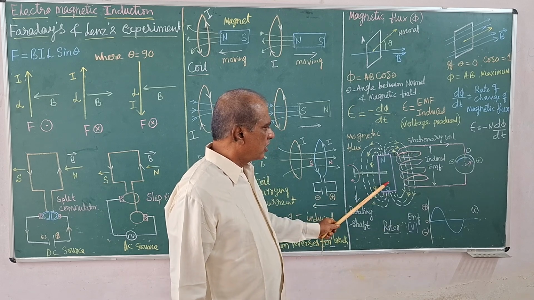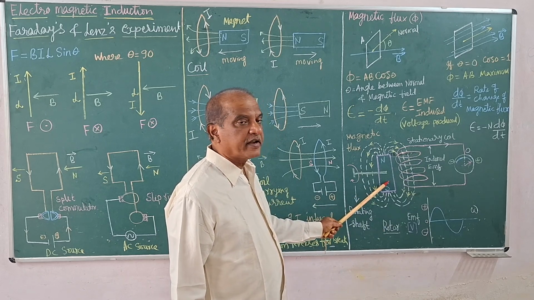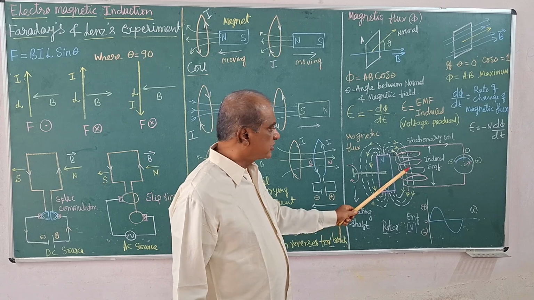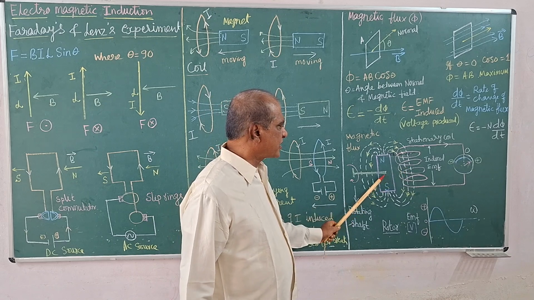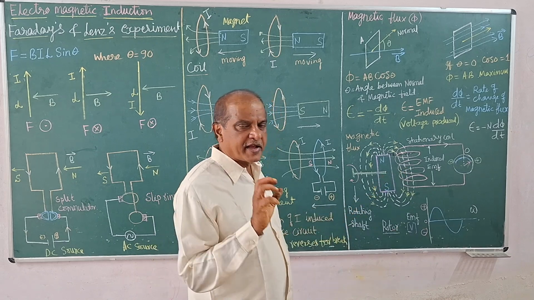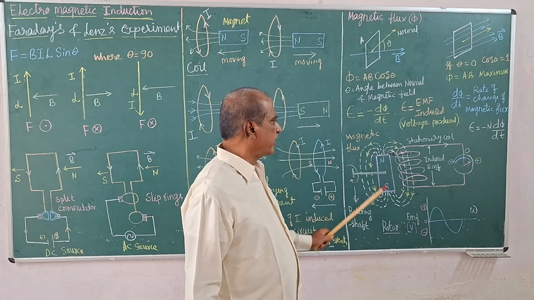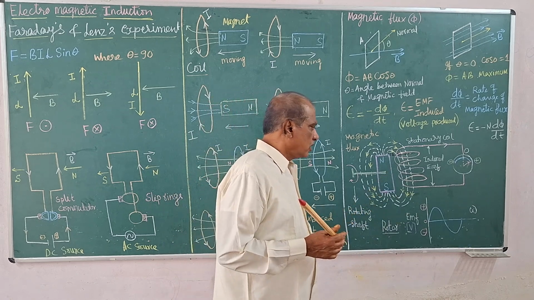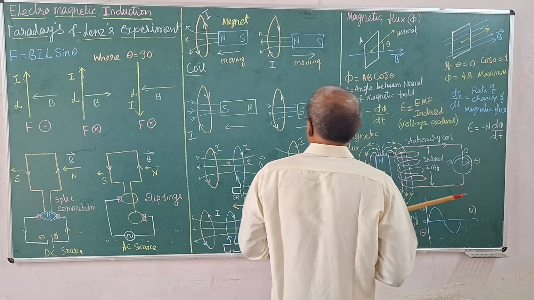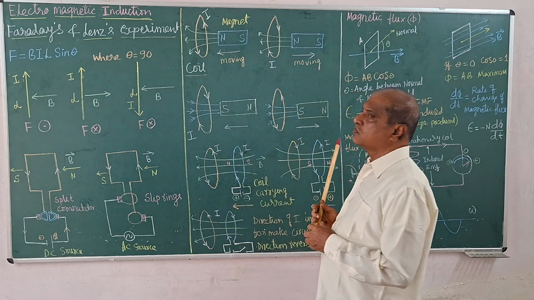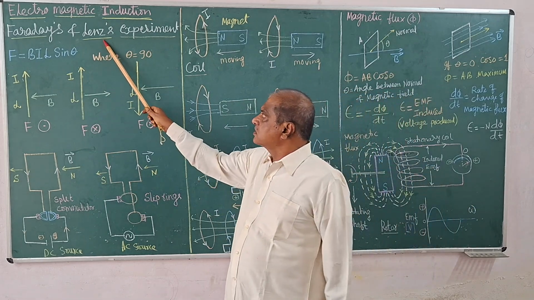So this is how electric energy is generated in this circuit by the mechanical action of the magnetic field or magnet. This is about Michael Faraday's law. There is one more law in that, Lenz's law.